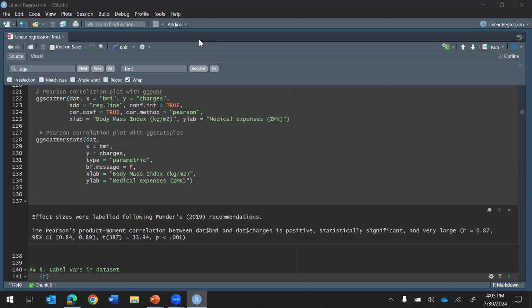Have I lost people? Danny, do you want to have a go at this? Which variables are correlated to medical expenses?